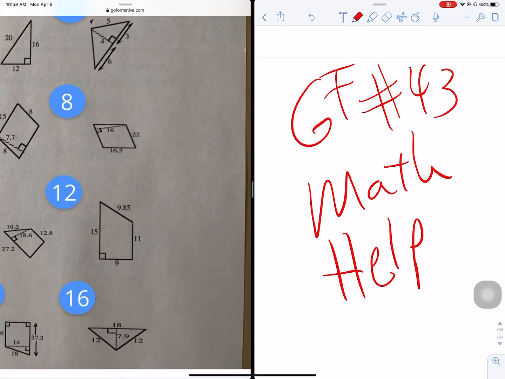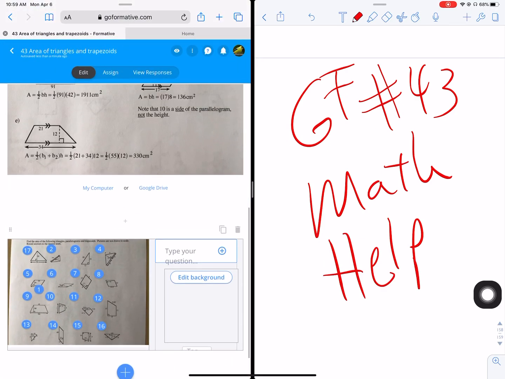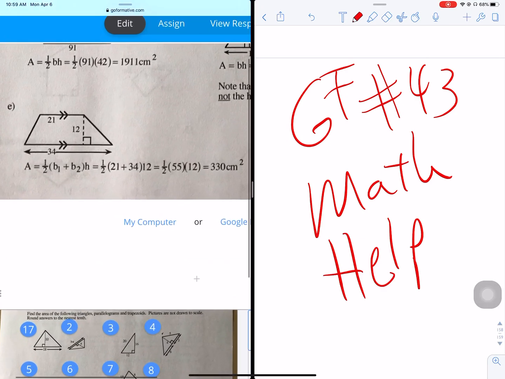If I see I want to do this one, okay, trapezoid, base 1, base 2, and the height. If I don't remember that formula, right, I just go back, look for the trapezoid, see what they did. Base 1, base 2 were added together, cut it in half, and then you times that by the height. Okay.